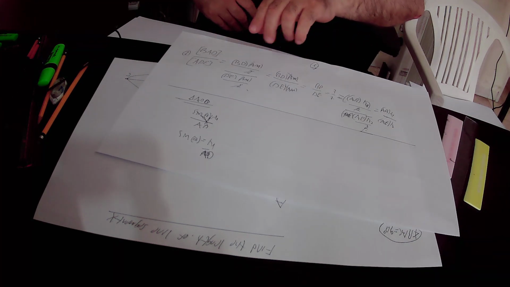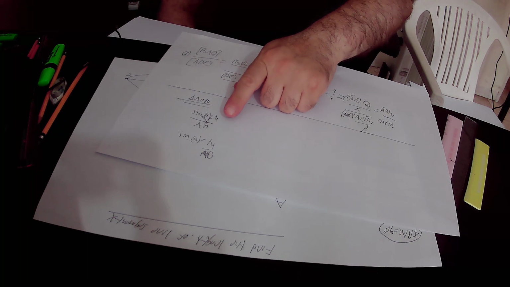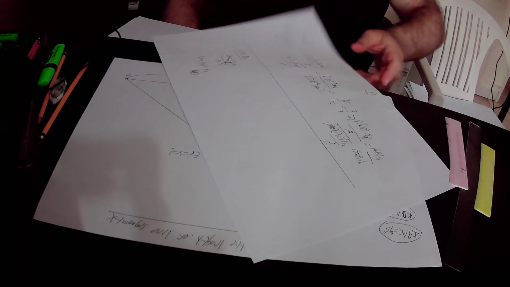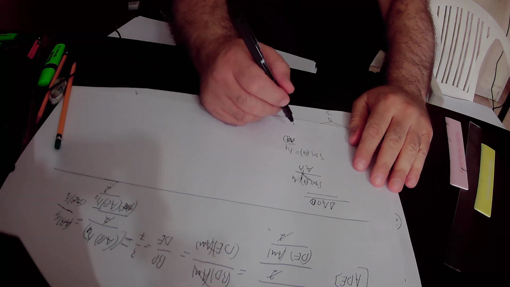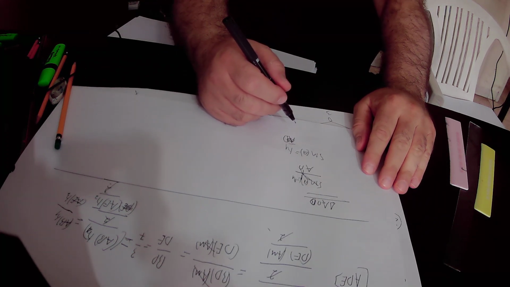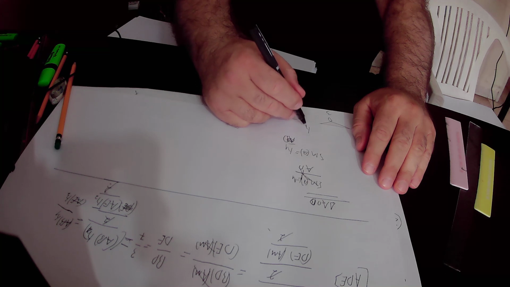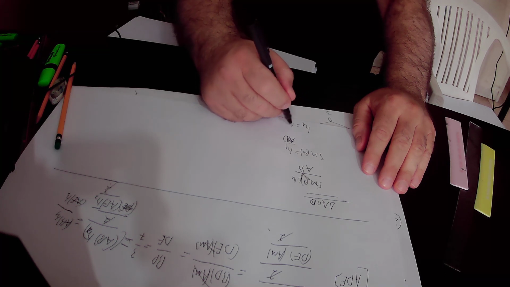Here we will multiply this equation by AD and we'll get that H1 is equal to AD times sinus theta.